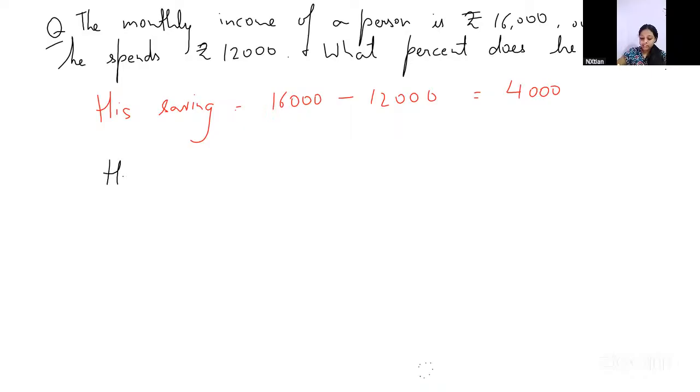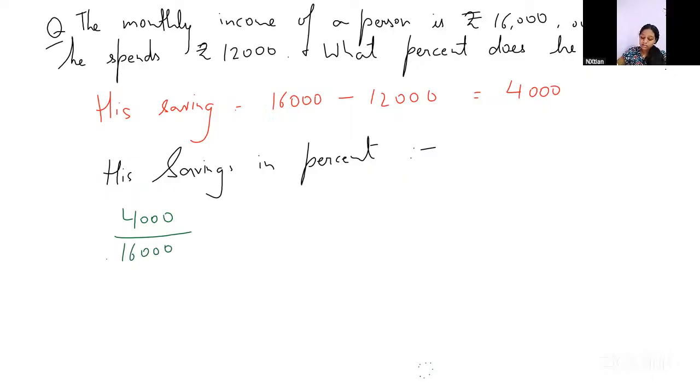Yes, Emma, that's right. His savings in percent will be the amount of savings, that is 4,000, divided by the total 16,000, multiplied by 100.